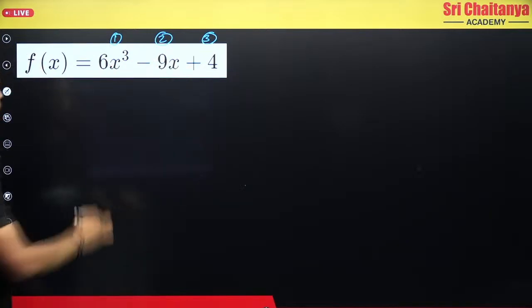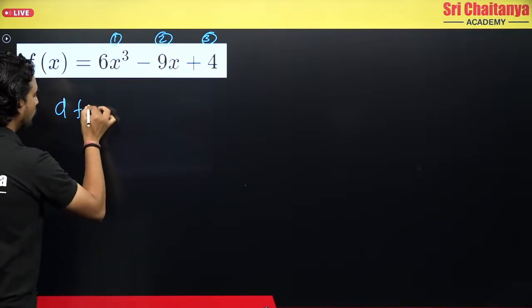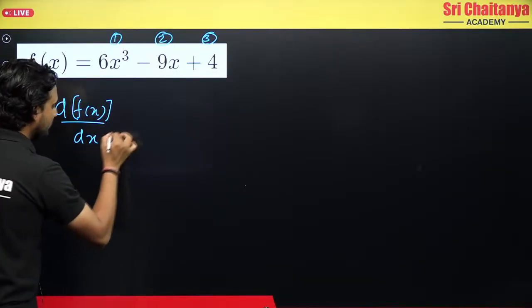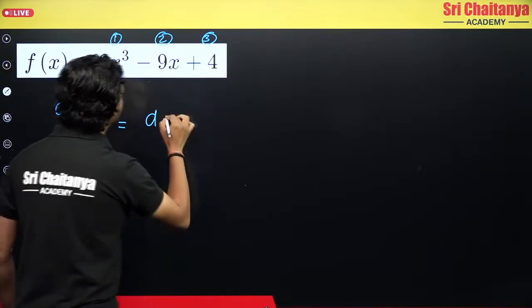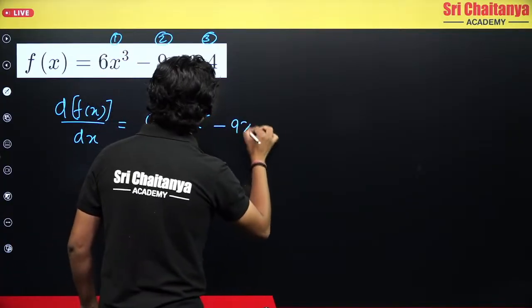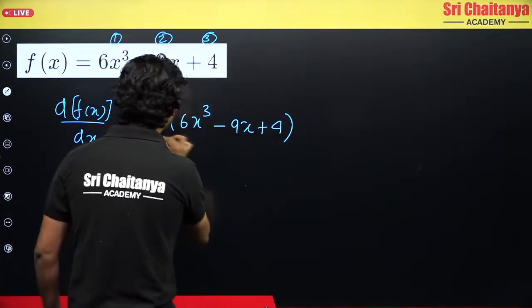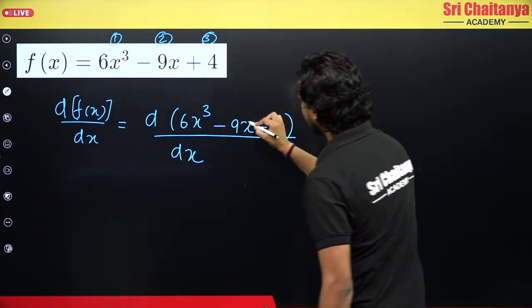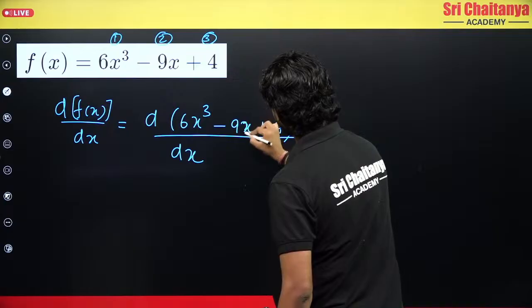If I want to differentiate my function f(x) with respect to x, I differentiate 6x cube minus 9x plus 4 with respect to x. I am trying to differentiate each of them.